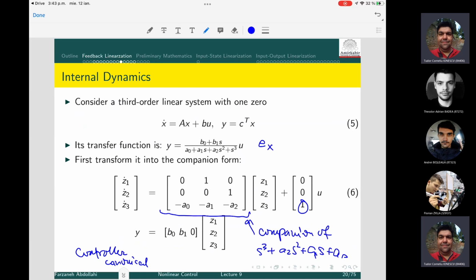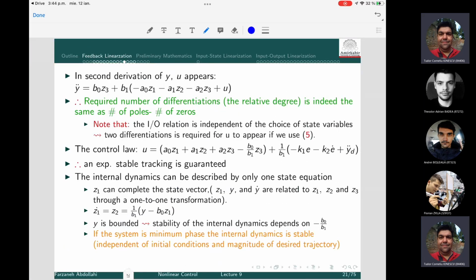The pole zero excess is 2, because you have 3 poles and 1 zero. So you have to differentiate twice. So U appears in the second differentiation, because this is the relative degree, okay? The required number of differentiations, the relative degree, is indeed the same as the number of poles minus the number of zeros. So the pole zero excess.